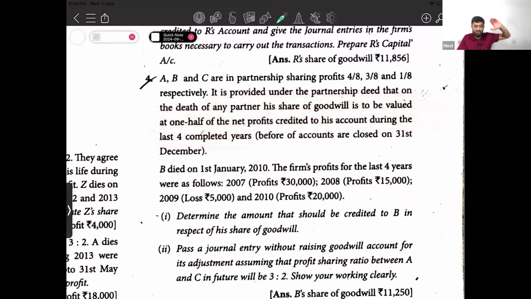The profit credited to his account during the last 4 years, we multiply by 1/2. Let's see it again. Or I will solve it another way so that you can understand.